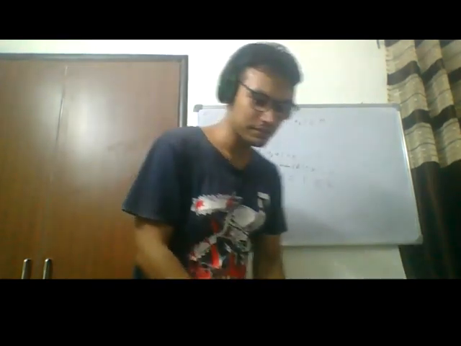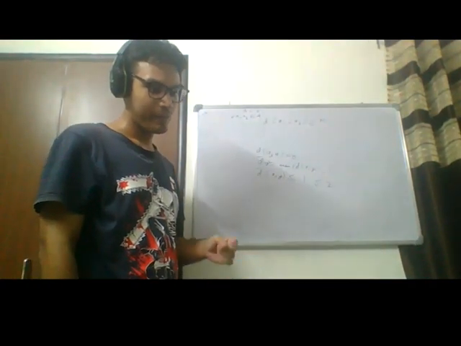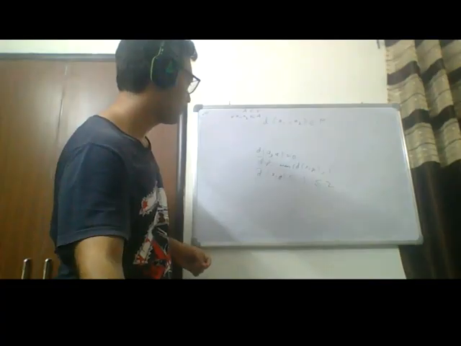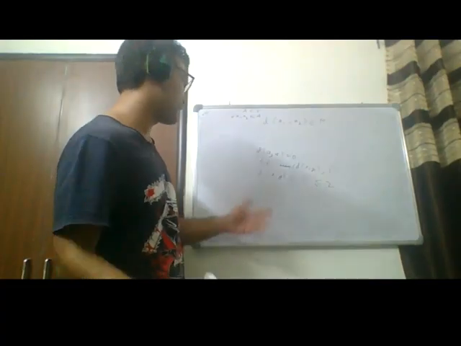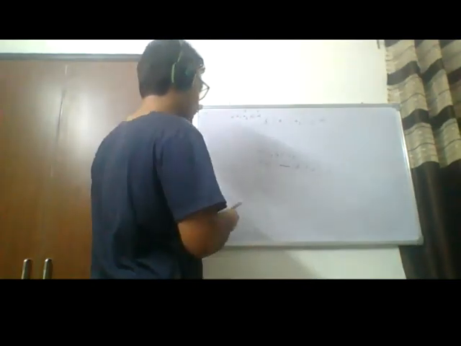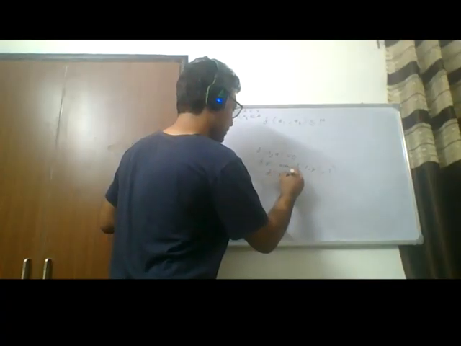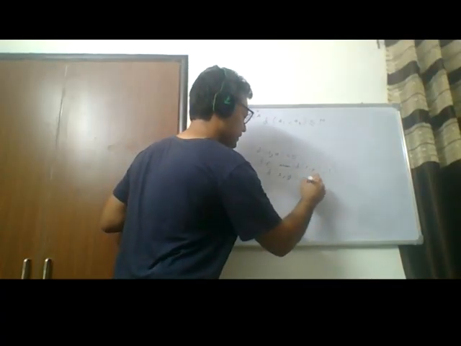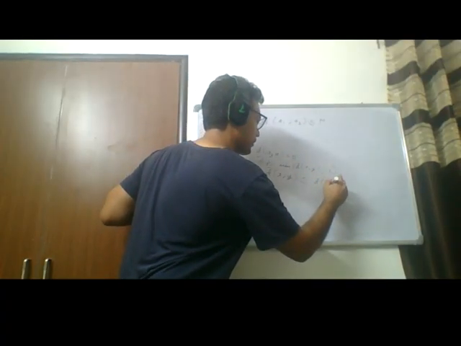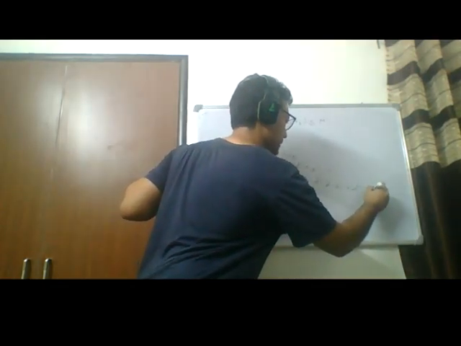Should I do it this way? Okay, so d of x comma y is bounded by d of y comma z plus d of x comma z.